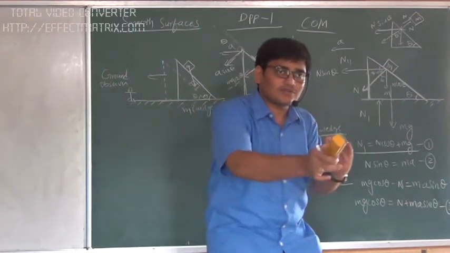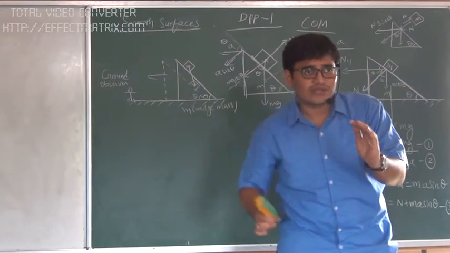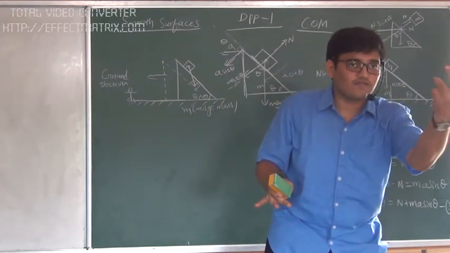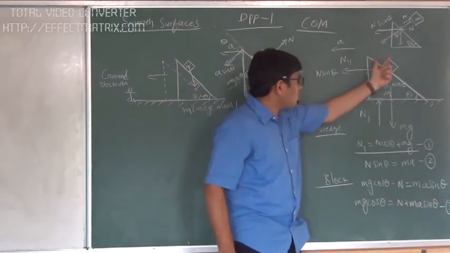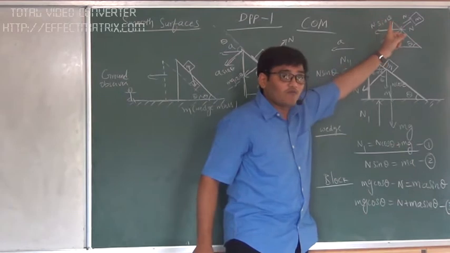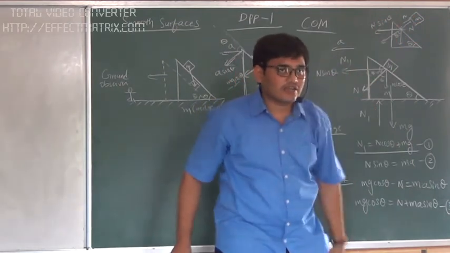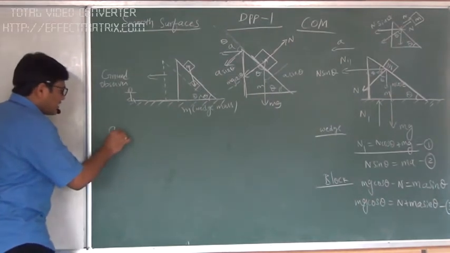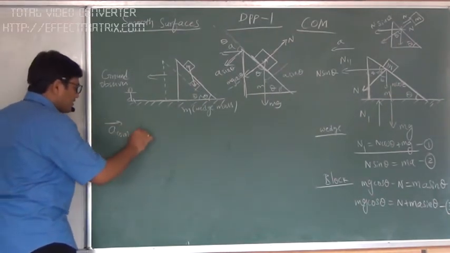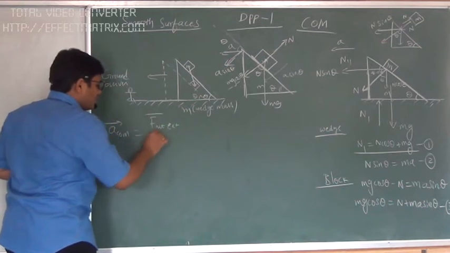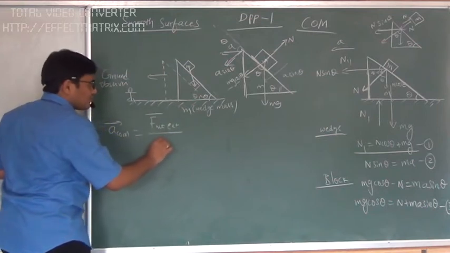Earth is not included in the system here. So whatever forces Earth applies on these blocks are external forces. So mg is downward for both of them, 2mg downward and N1 upward. So what is the net external force acting on it? Acceleration of the center of mass is given by F net external upon the total mass of the system.